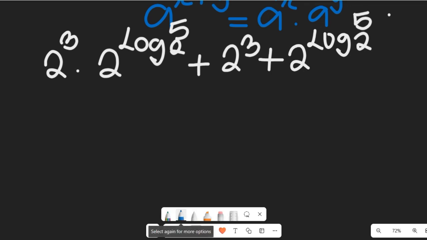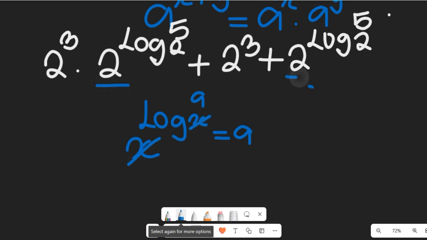Now in the next step, we're going to apply a law of logarithm. If we have that law of logarithm, that's x to the power of log of a base x is simply equal to a, right? Because this will cancel out this. Now if you apply it here and here, you find out that 2 will cancel out 2, and then these 2 will cancel out 2.